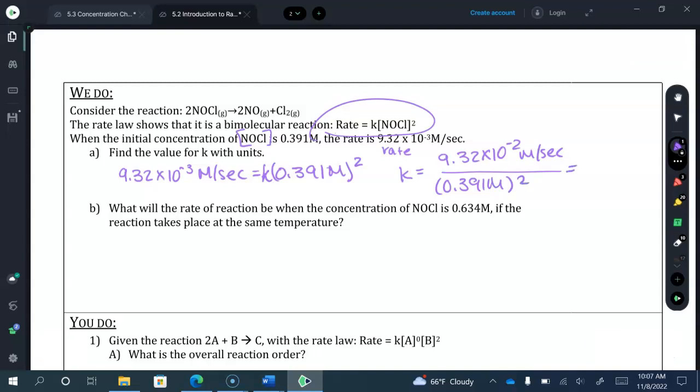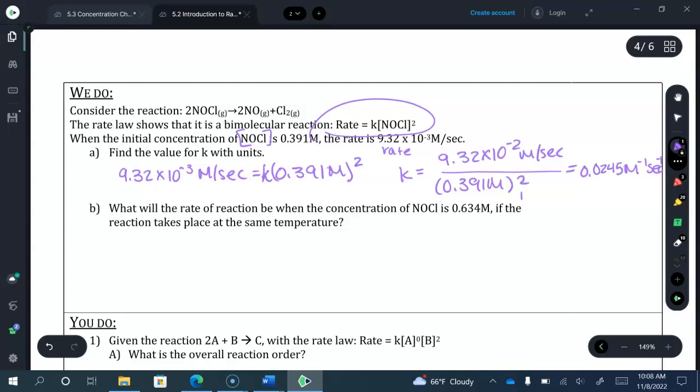This tells us that you're going to have units of molarity to the negative 1 times seconds to the negative 1. And your answer should be 0.0245 molarity. Nope, that's the answer for the next one. My apologies. 0.0610 molarity. That's the correct answer.